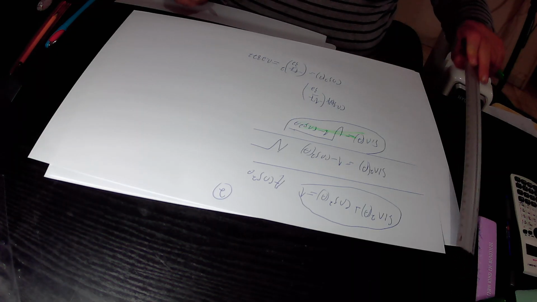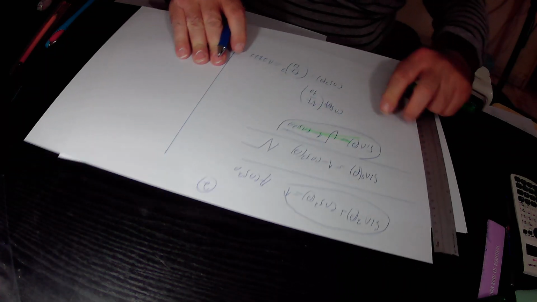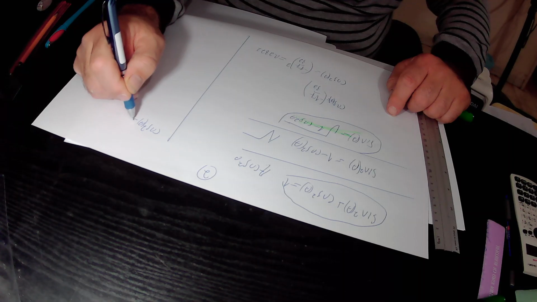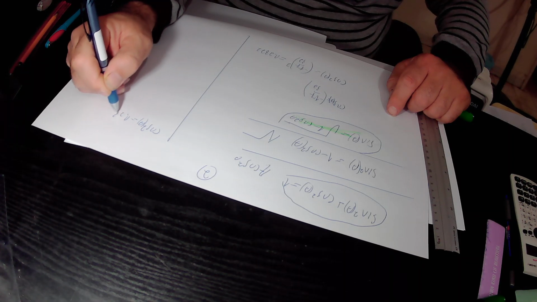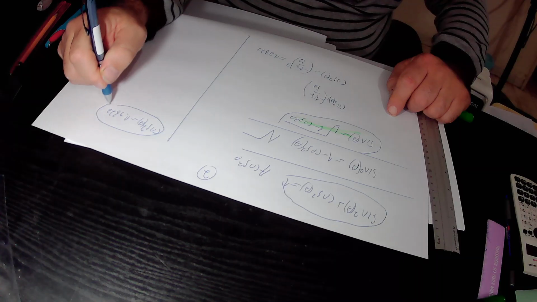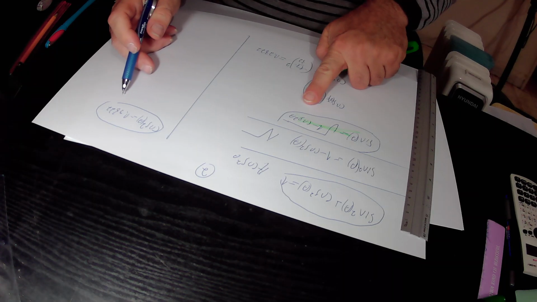So we found out that cosine square theta equals 0.2822. Therefore, we can substitute cosine square theta in this equation by 0.2822.